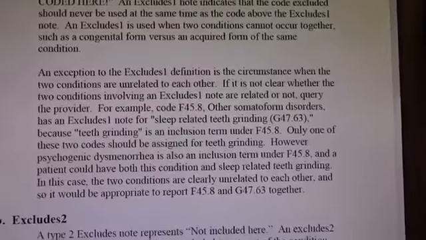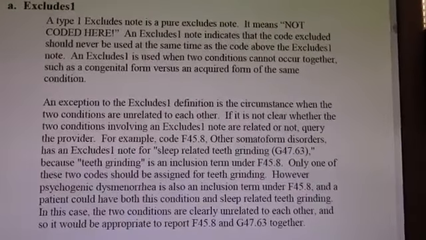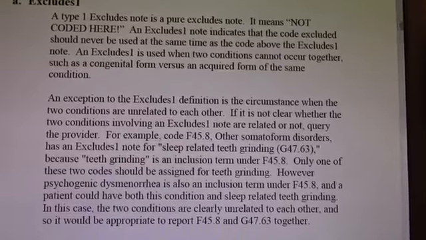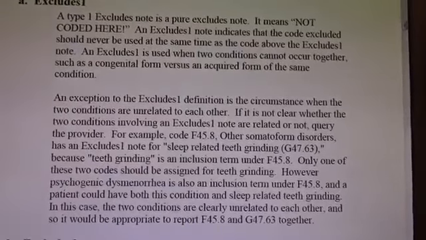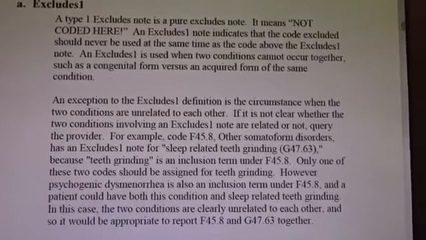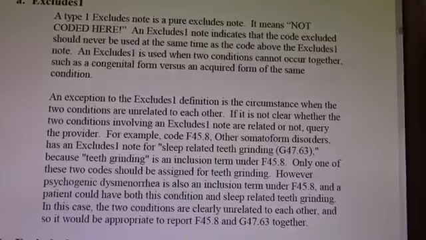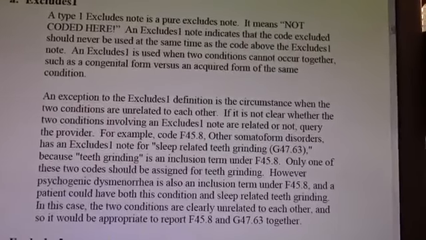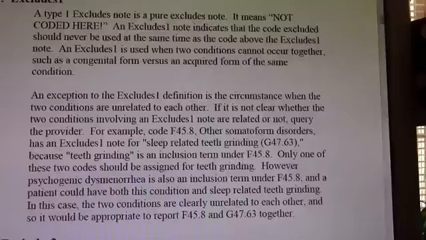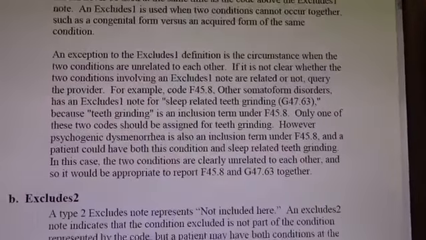In other words, it's already included in. It's understood that teeth grinding is included in that one code. But with dysmenorrhea, painful cycles, it says it's included in F45.8. However, a patient can have teeth grinding along with dysmenorrhea.